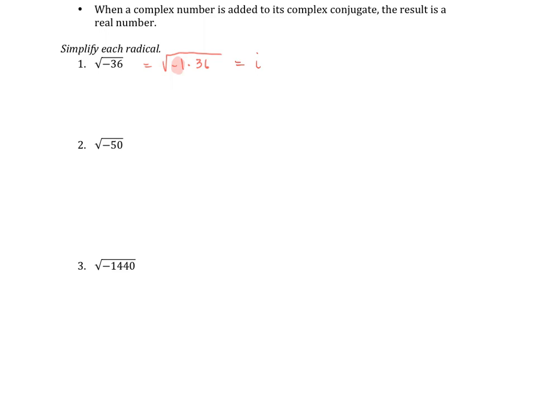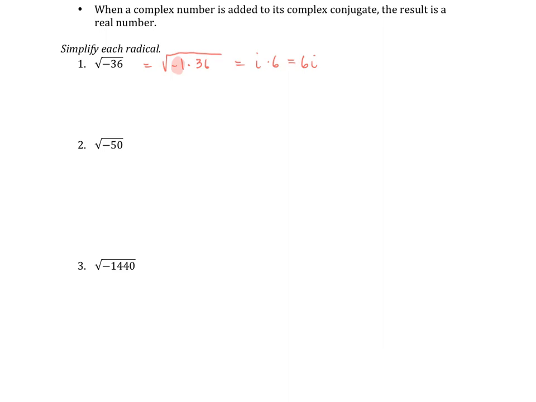The square root of 36 is 6. So this is going to be just 6i. Essentially, if you have a negative, the negative comes out as an i, and then you just take the square root of whatever number is there, like you would without the negative. If it's a perfect square, you just take it out of the radical completely.